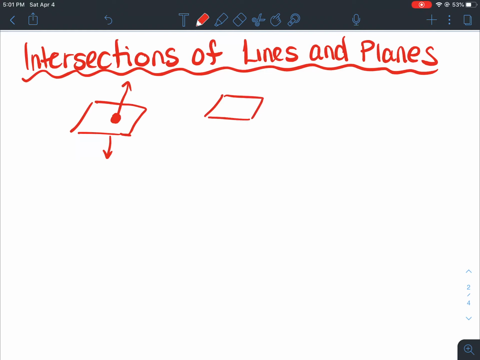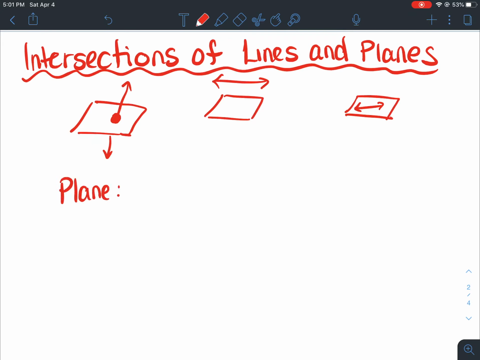There's the plane and the line that are totally parallel, so they don't intersect. And there's the good old coincident one where the line is actually on the plane and there's infinite points of intersection.